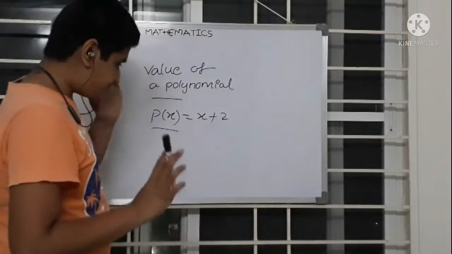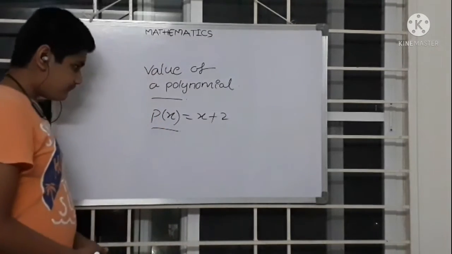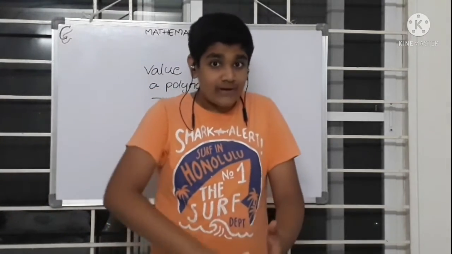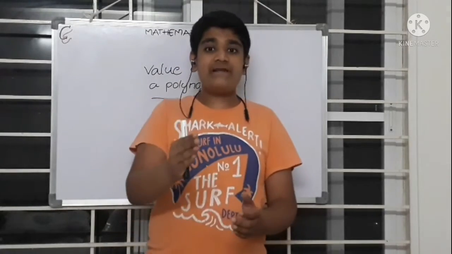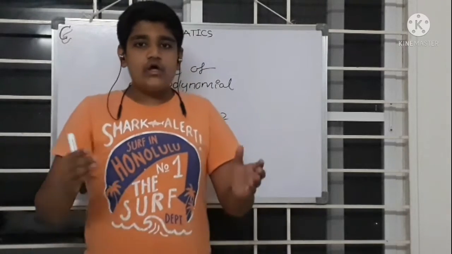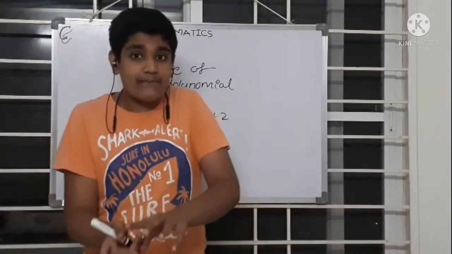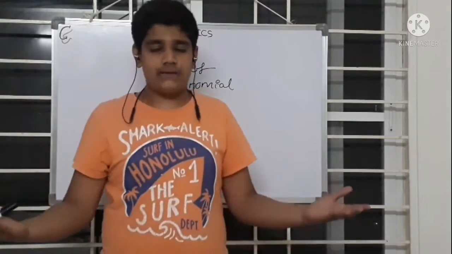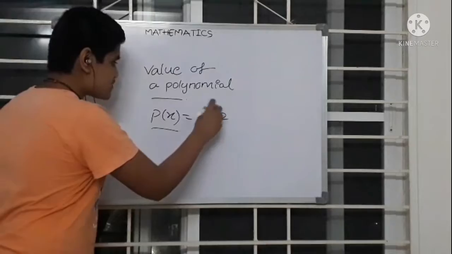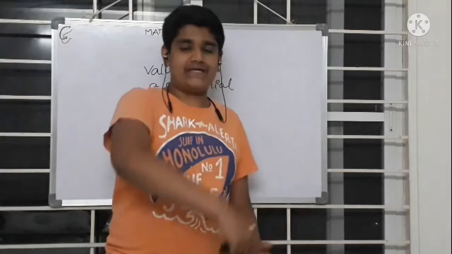Now listen very carefully: what is the value of the polynomial? Given a polynomial p of x, if we replace x with a constant k, which is a real number, so it may be any number, then wherever x appears in the given polynomial, we have to substitute k there.